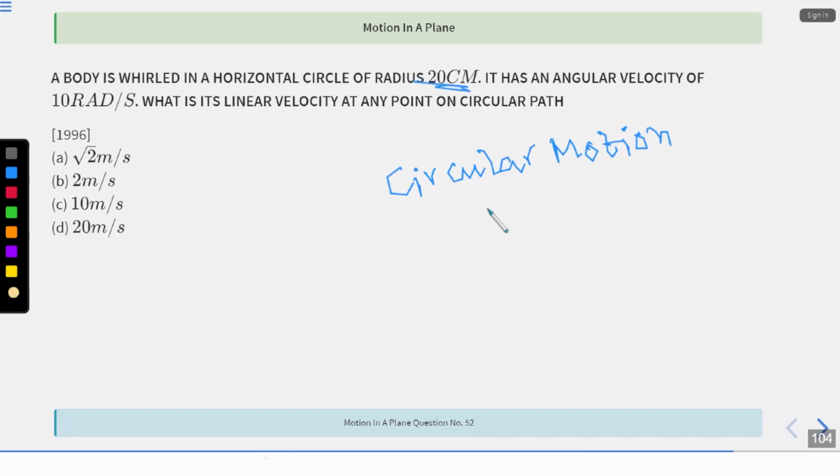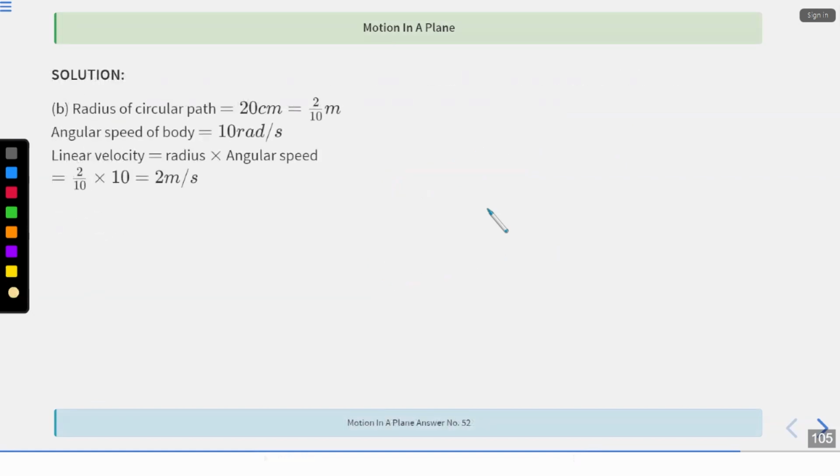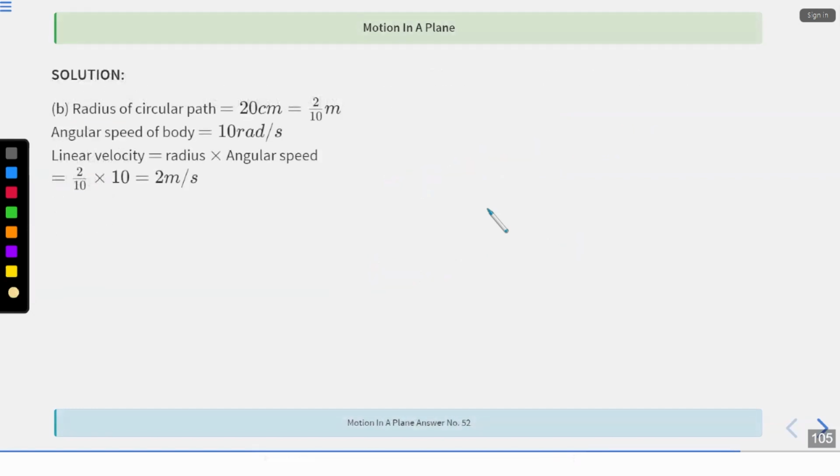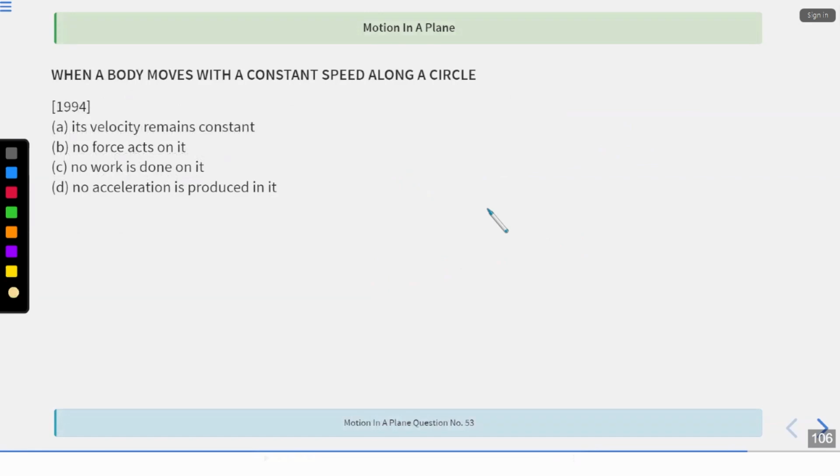So convert it into meters, and then the angular velocity is 10 radian per second. So we know that linear velocity is equal to radius into angular speed. So you just substitute and then you'll get the answer as 2 meter per second. And that is the answer. Again, silly mistake point would be not checking the units. Okay. Moving on to the next question.